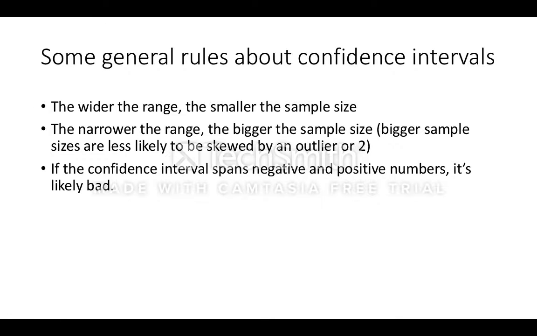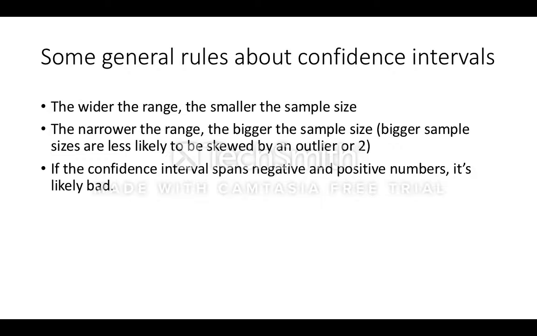So some general rules about confidence intervals. The wider the range of a confidence interval, so if you have something like between 2 and 200, that's a wide range, and it means you probably have a smaller sample size. If the range is narrower, so from 2 to 6, that's a pretty narrow range, this means you probably have a bigger sample size.